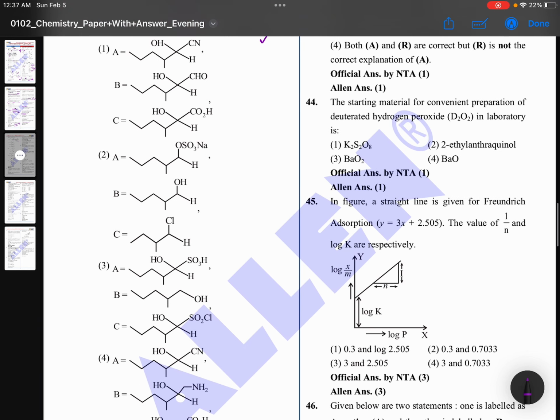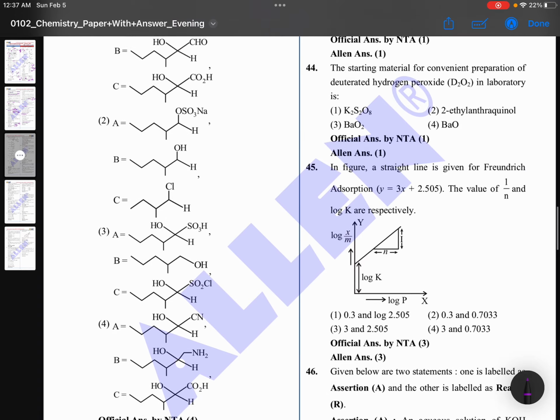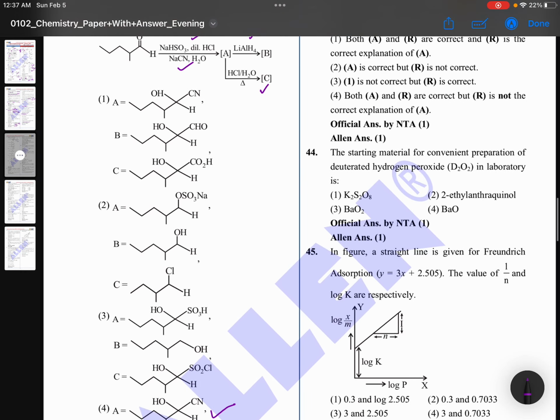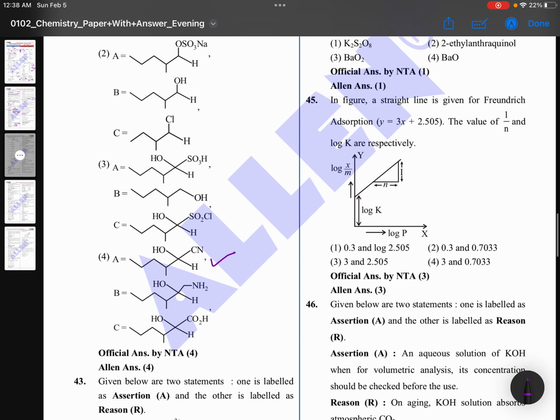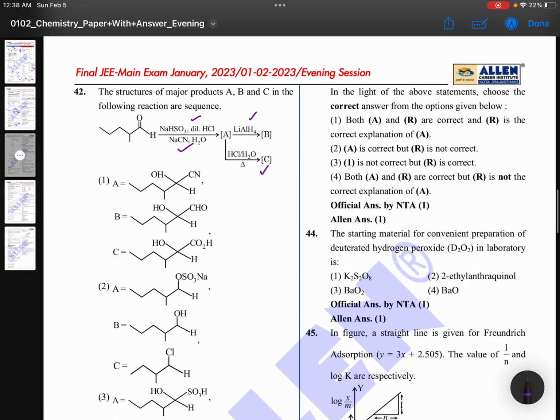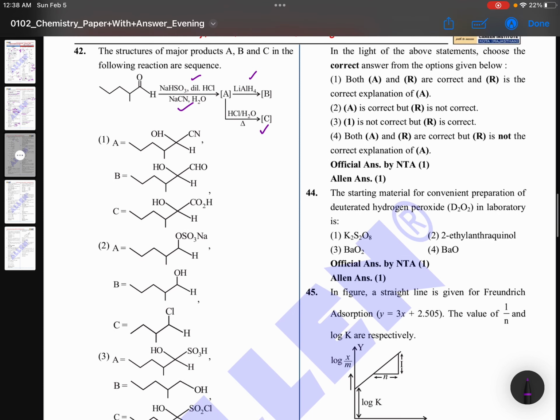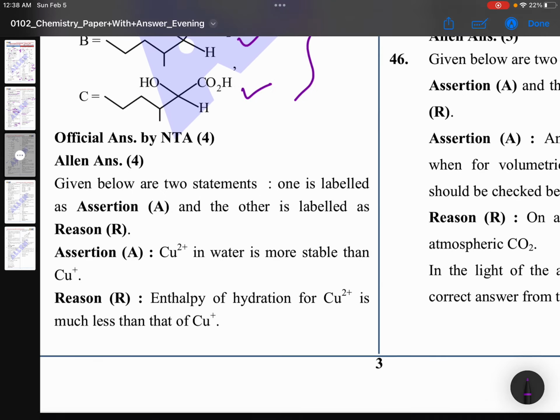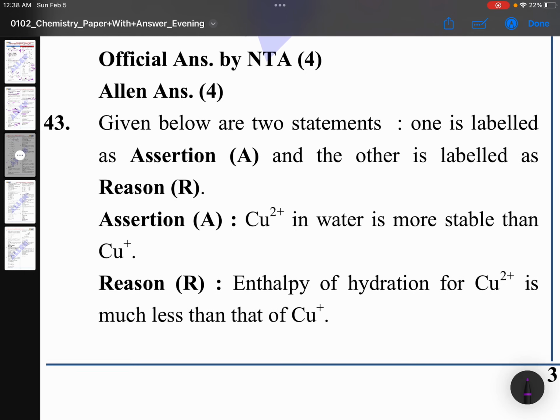Simply it is an addition of HCN reaction. Second is lithium aluminum hydride; cyanide will be converted to CH2NH2. And with HCl, H2O, when you go for this reaction, it will be converted to acid. Cyanide hydrolysis. Correct. No comments. But a little time taking.